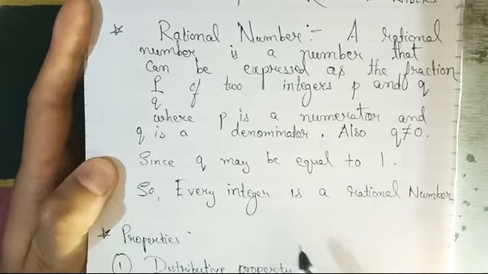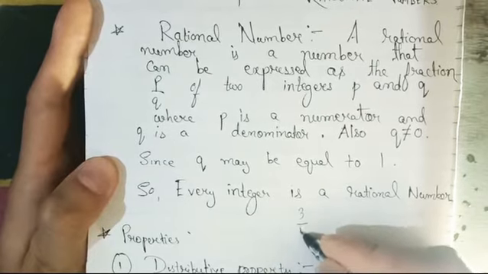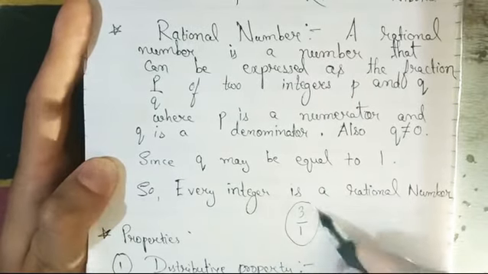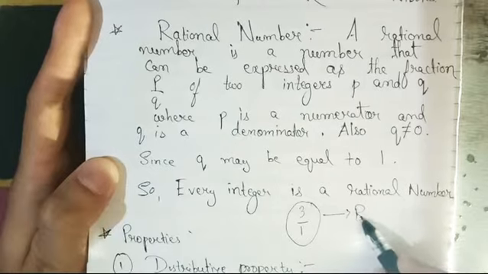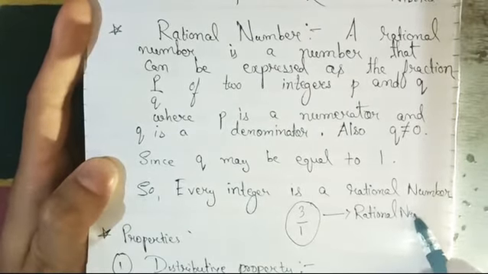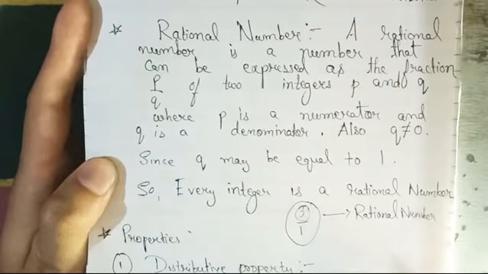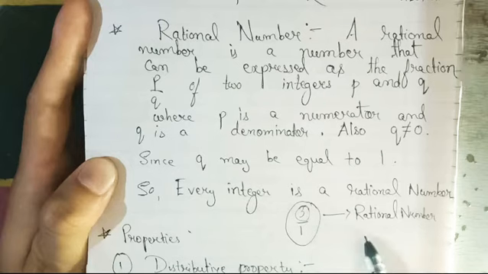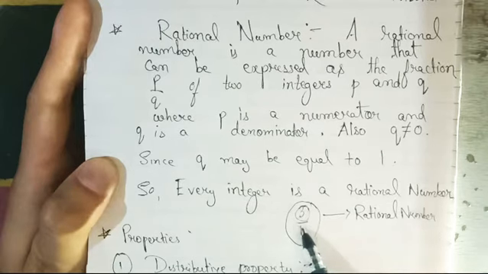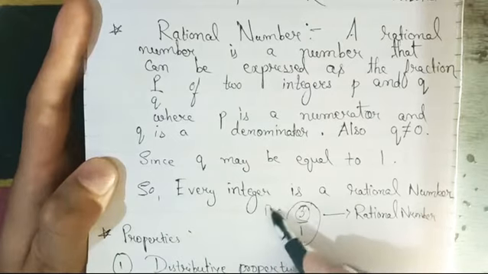It means that suppose I am writing 3 upon 1, so it is also a rational number. Why? Since 3 is an integer. So what we conclude, that 3 is an integer and we can write 3 as 3 upon 1 also, in the form of p upon q.